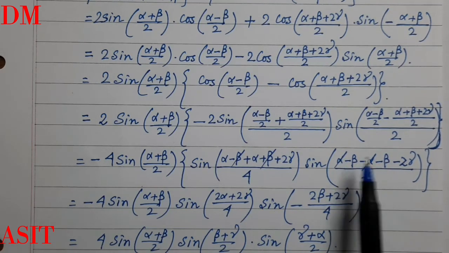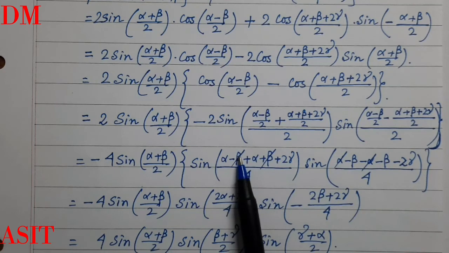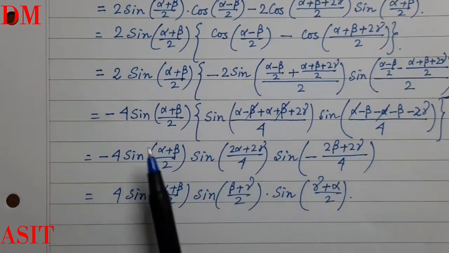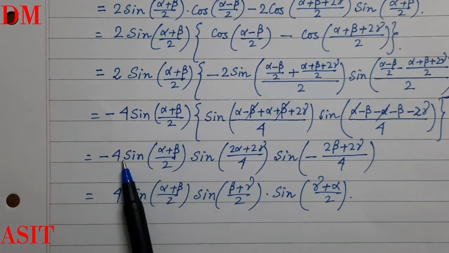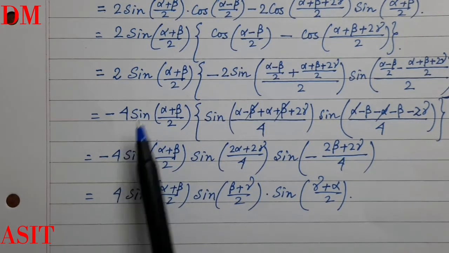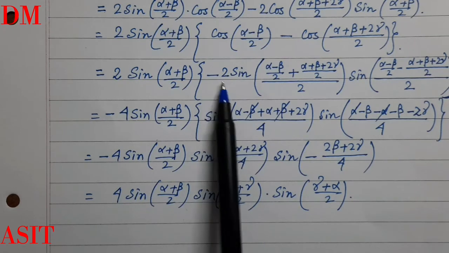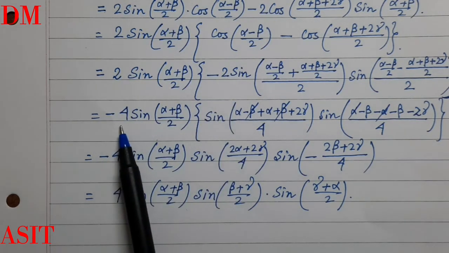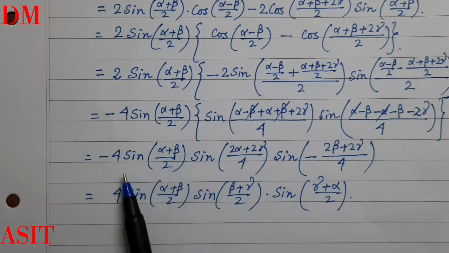Therefore alpha cancelled out, here beta cancelled out. So therefore we can write minus 4 sine alpha by 2. This minus, why this minus 4? Because this minus 2 multiplied with this 2 will make it minus 4 sine (alpha plus beta) by 2.